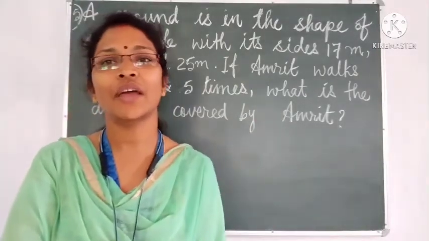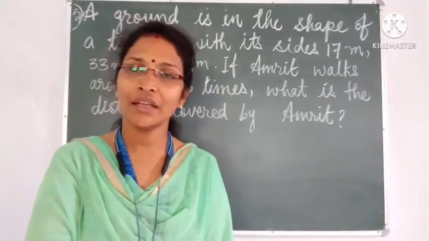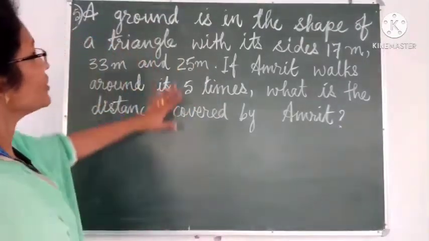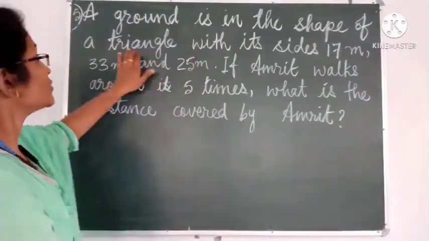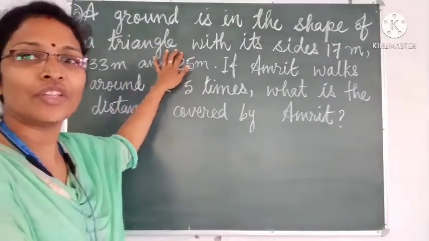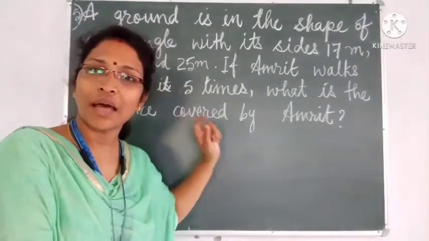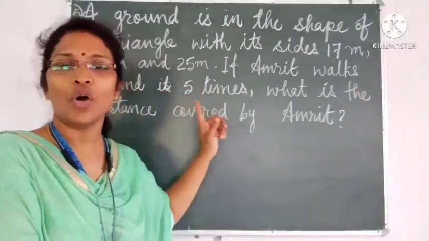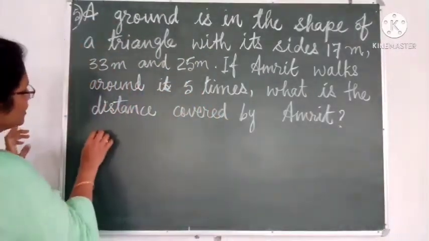Now first we will find the perimeter of that ground. How can we find it? It's a triangle shape. For finding the perimeter, what do we have to do? Sum of the lengths of all sides.